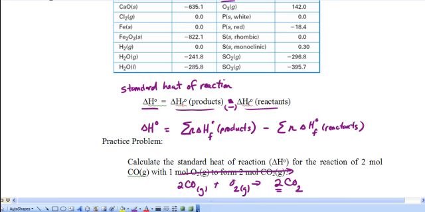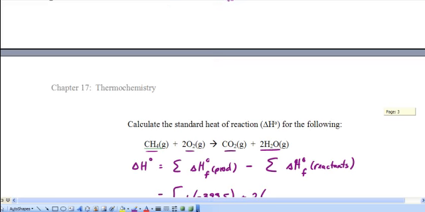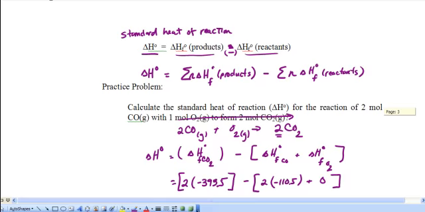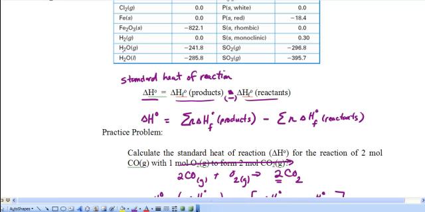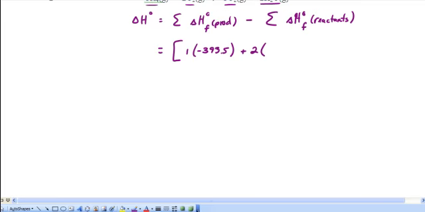Now you have liquid water and you have gaseous water. If you take a quick peek, we are actually forming gaseous water. The state of matter does really matter. So it's going to be negative 241.8. And so that is the sum of all the products.